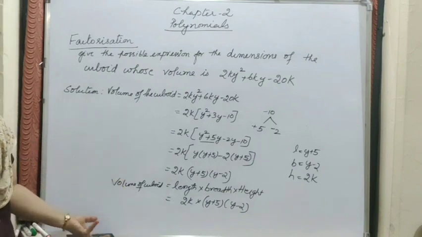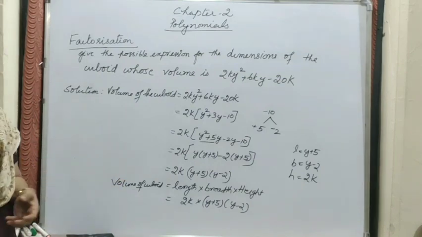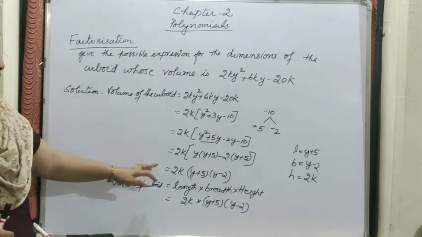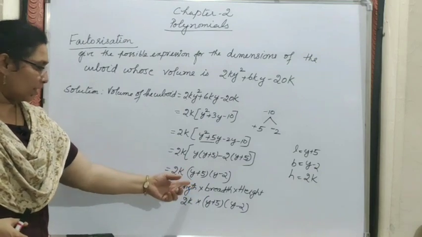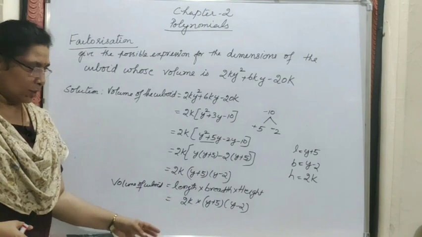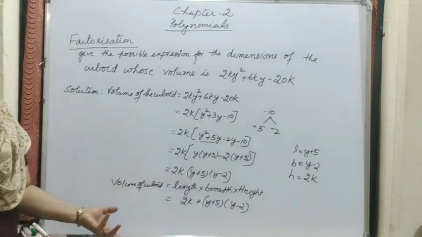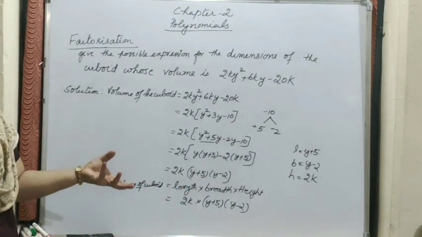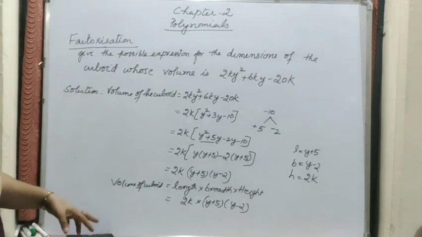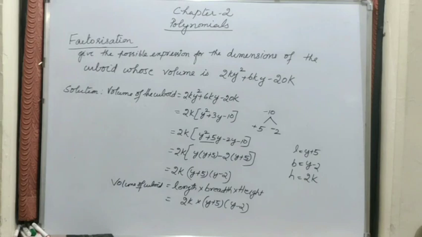It can be either length, breadth or height, that depends upon you. So here the volume of the cuboid is given, and from that we are able to factorize in three ways: 2k, that is the common factor, into y plus 5 into y minus 2. So one of them you can choose as the length, the others respectively breadth or height. So here I have chosen 2k into y plus 5 into y minus 2.